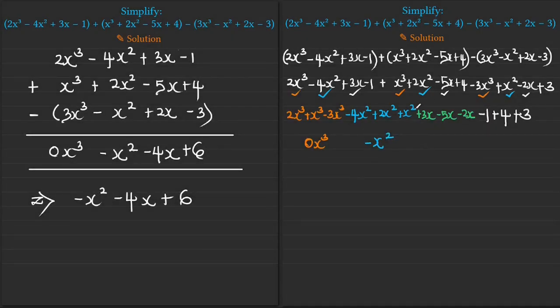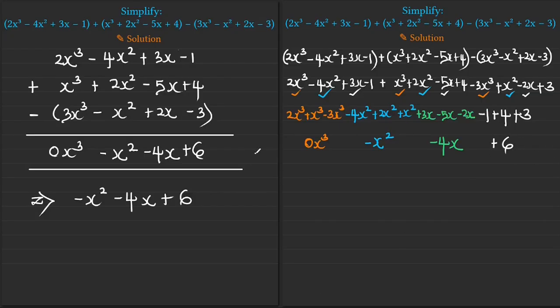And then we come to the x's. 3 minus 5 gives us a negative 2. Negative 2 minus 2 gives us a negative 4. We have a negative 4x. And then we have negative 1 plus 4 plus 3, which also gives us a positive 6.